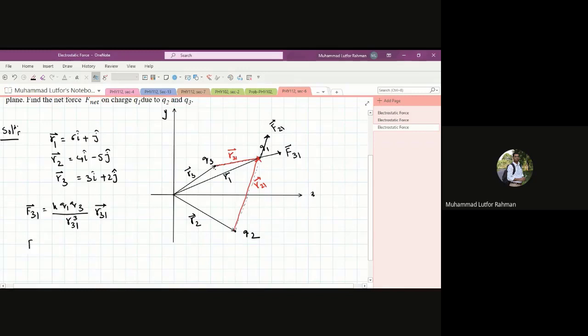And what about R21? It's going to be K Q1 Q2 over R21 cubed, into the R21 vector, right? So I have to find out that thing.